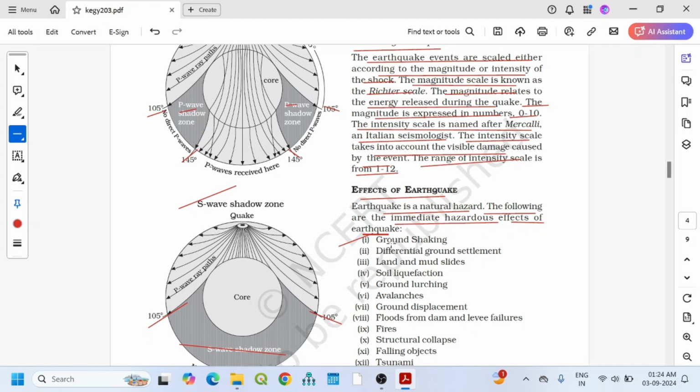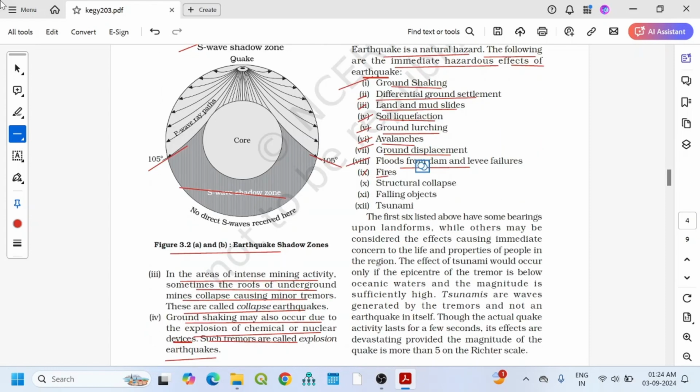One is ground shaking, another is differential ground settlement, third, land and mud slides, fourth, soil liquefaction, fifth, ground lurching, sixth, avalanches, seven, ground displacement, eight, floods from dam and levee failures, nine, fires, ten, structural collapse, eleven, falling objects, twelve, tsunami.